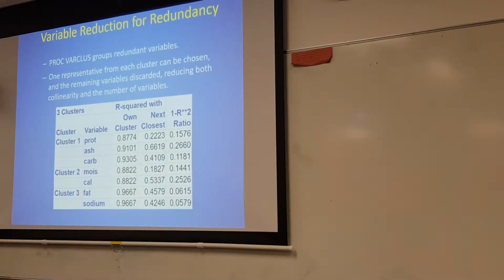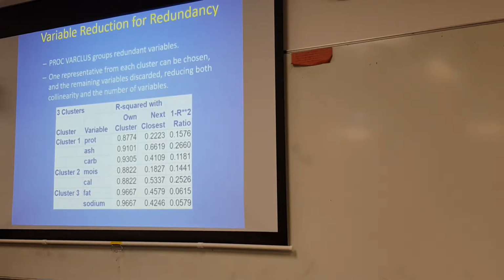Redundancy, however, this idea that you've got multicollinearity, is a problem. I'll give you a lab, but it's not a lab you're expected to do during the block itself. The lab is basically about proc varclus, and what proc varclus does is a cluster analysis on the variables themselves.